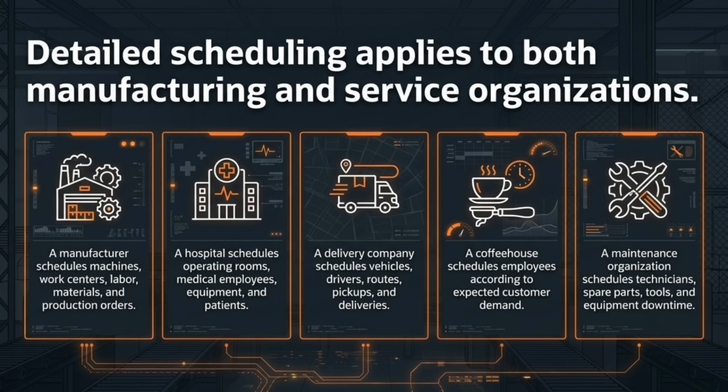A hospital schedules operating rooms, medical employees, equipment, and patients. A delivery company schedules vehicles, drivers, routes, pickups, and deliveries. A coffee house schedules employees according to expected customer demand. A maintenance organization schedules technicians, spare parts, tools, and equipment downtime.